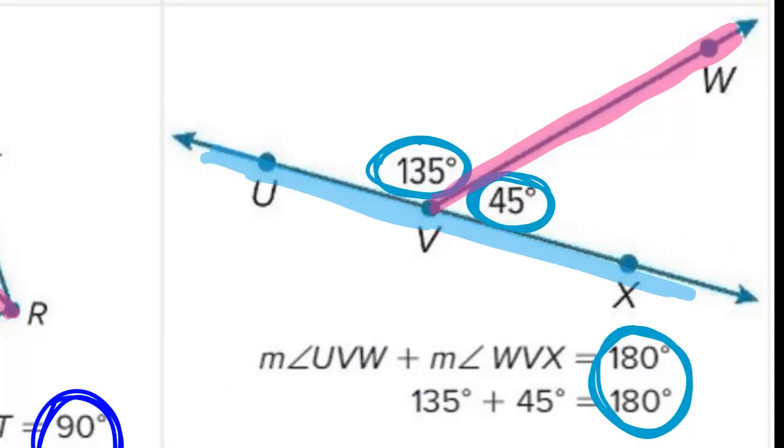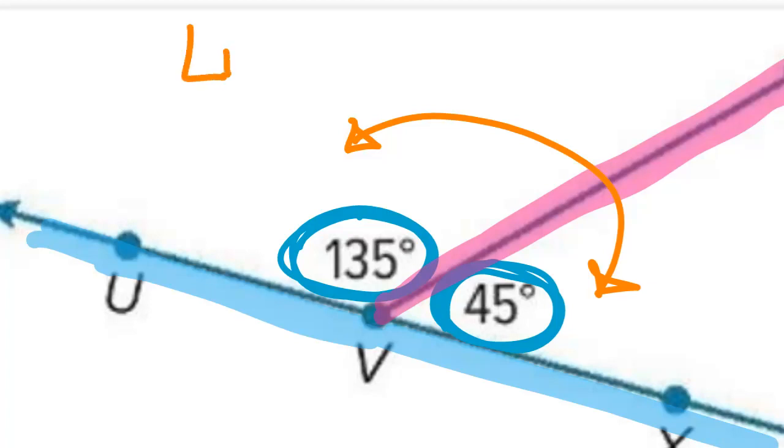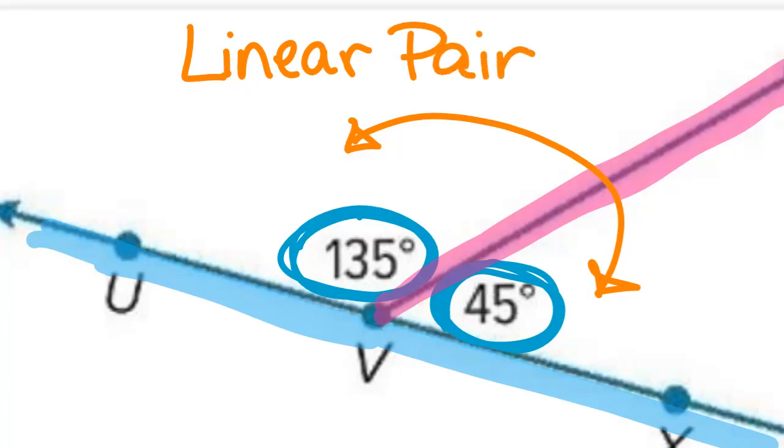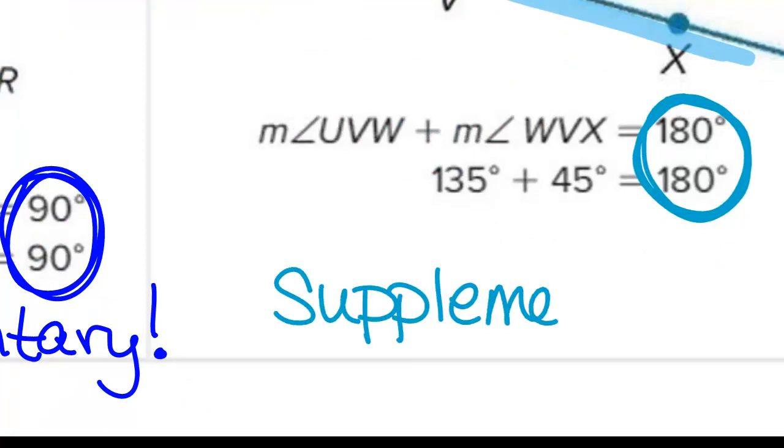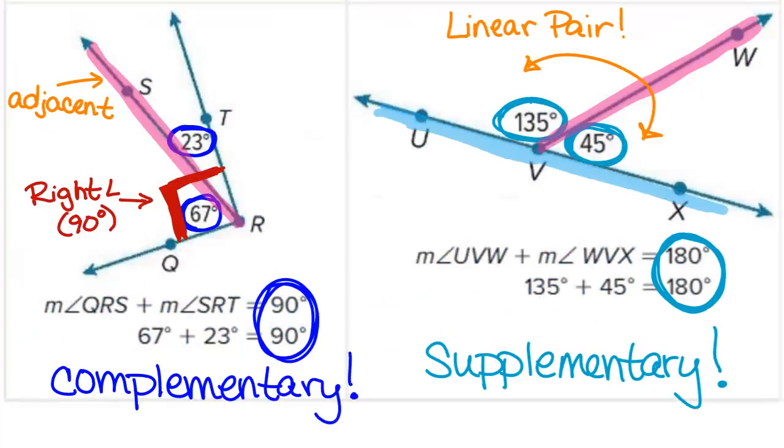Linear pair. Supplementary angles, if they touch, are a linear pair.